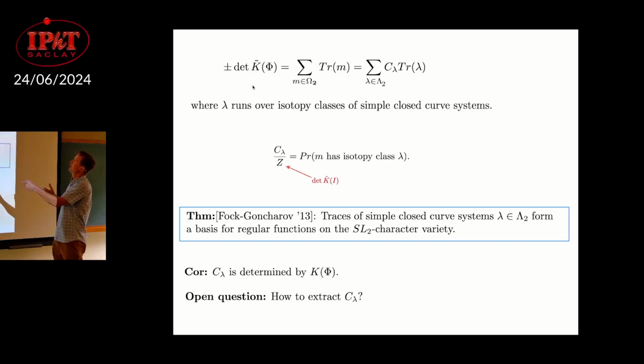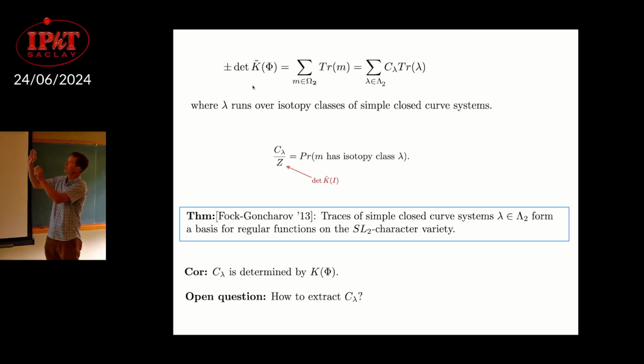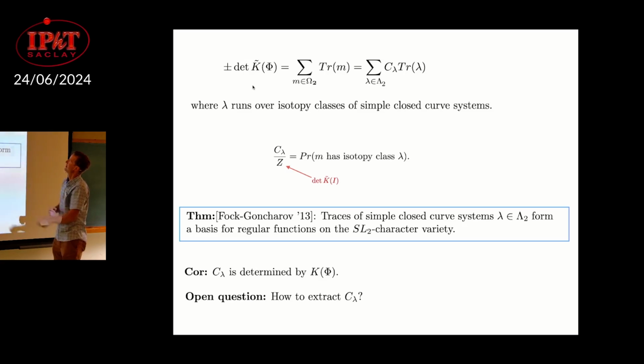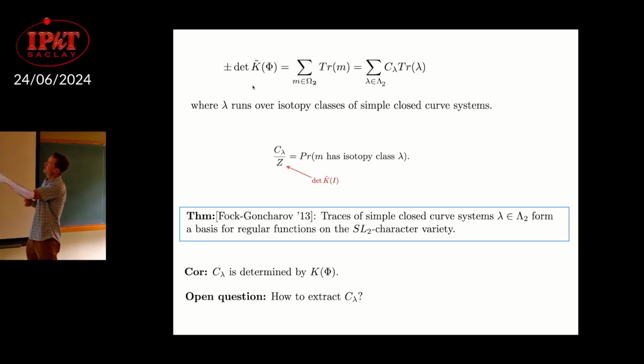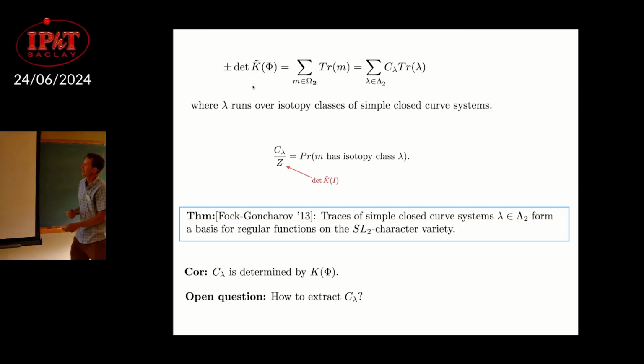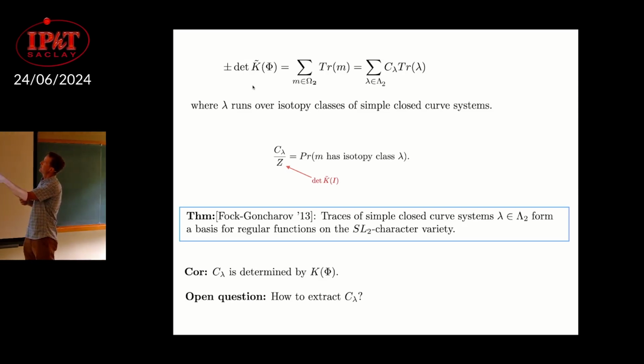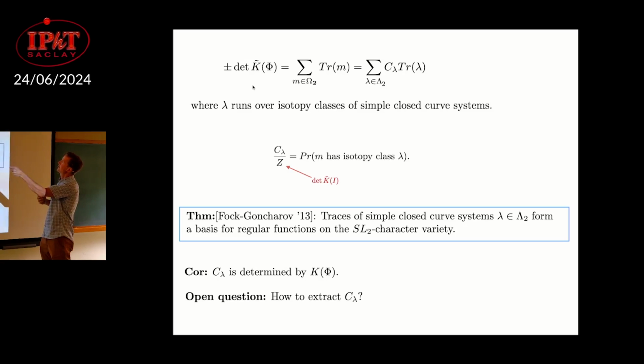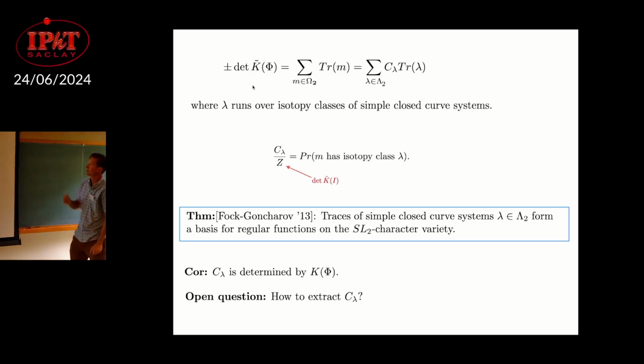So we can group the configurations according to their isotopy classes of closed loops in the complement of those punctures, and therefore we can write our determinant as a sum of some integers, c lambda, times the trace of lambda, where lambda runs over all possible simple closed curve systems in the complement of the punctures.